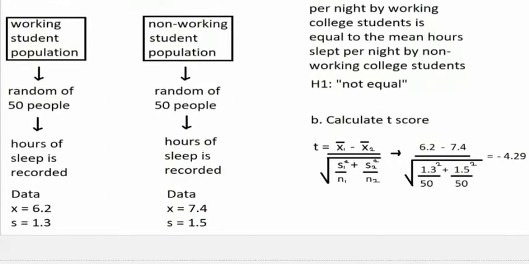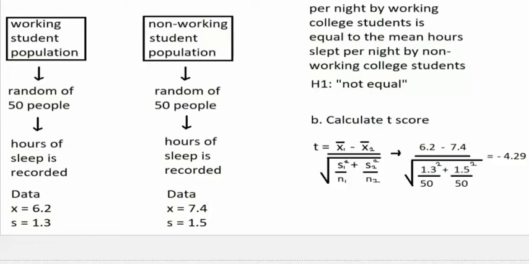Now we have to calculate our t-score. In the video on Introduction to Hypothesis Testing, I mentioned that in a hypothesis test, you calculate a test statistic that leads you to a decision about whether to reject or retain the null hypothesis. And I mentioned that if the test statistic reaches a cutoff point called the critical value, then you're confident enough to reject the null hypothesis and say that there is something out there, basically.